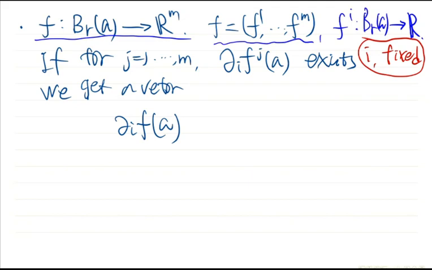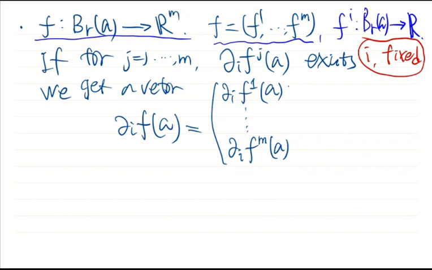But remember, in our previous discussion, f is a real valued function. Now our f is a vector valued function. So what's this? This is the vector whose components or coordinates are the partial derivatives of the components of f at this point A.